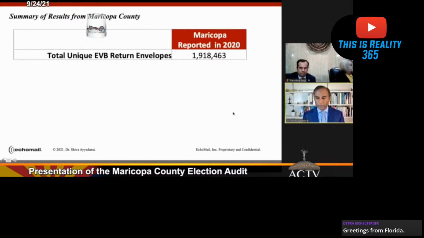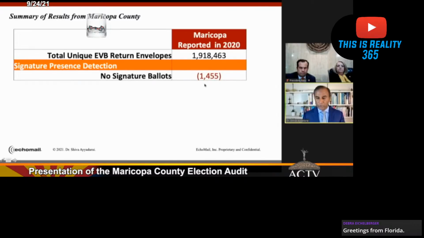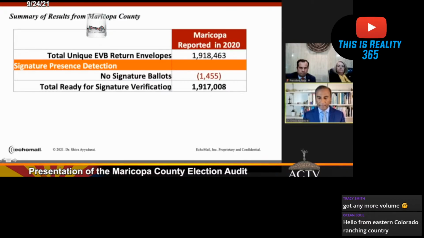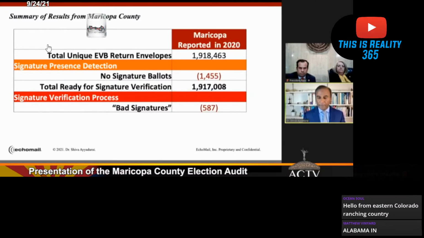To make it a little more clear, we have 1,918,463 total unique EVB return envelopes, of which 1,455 were found to have no signatures. And at the end, there was an amount of 1,917,008 ready for signature verification. And as a result of that, 587 were found to have bad signatures.